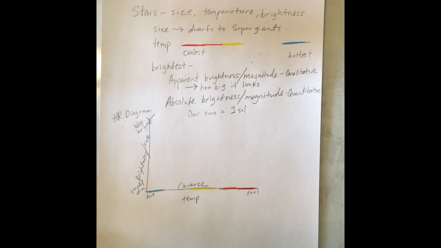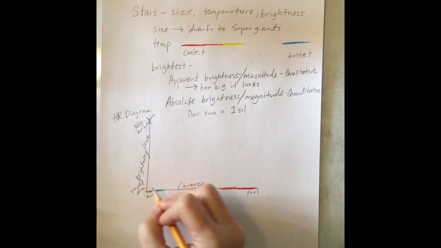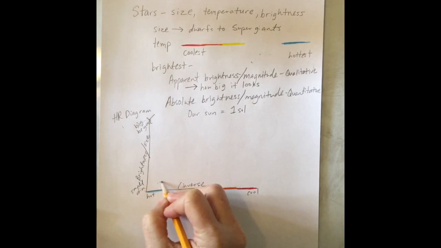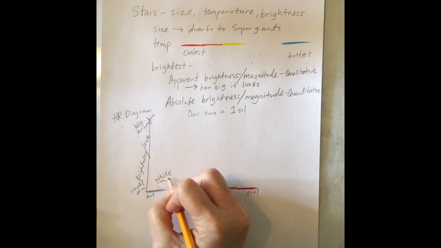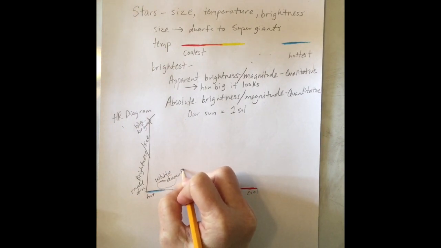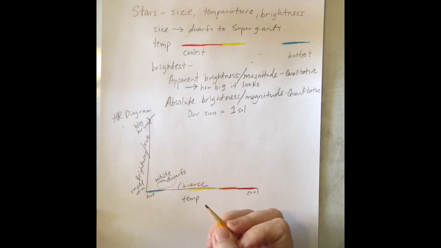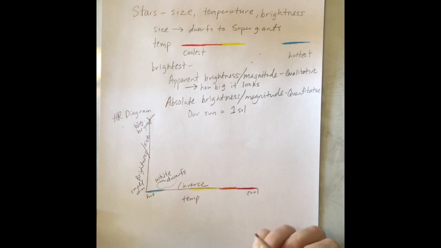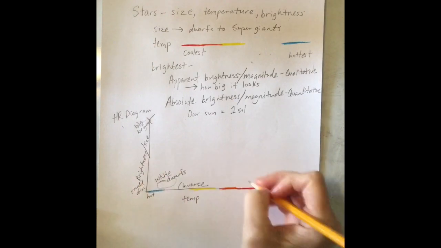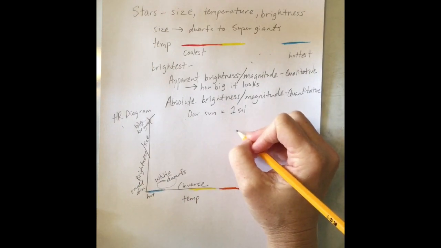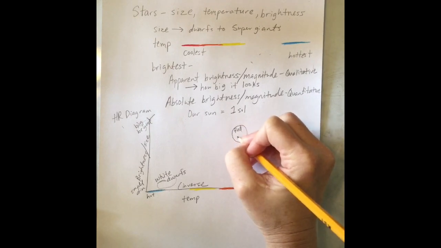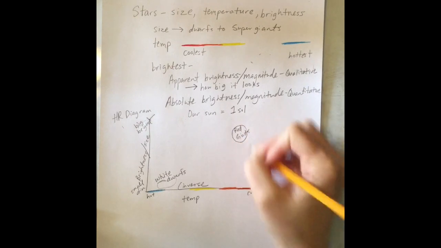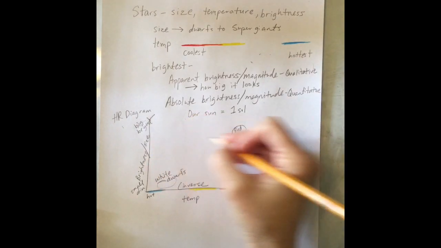There are also a couple of different areas you need to be able to identify. The hottest and the dimmest are going to be down here at the bottom, and these are white dwarfs. They're small, they're dim, but they're very hot. Up here in the top corner, we're going to have our red giants, because they're cool and they're big.